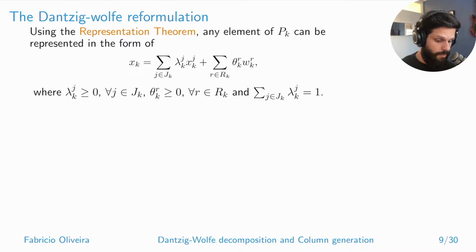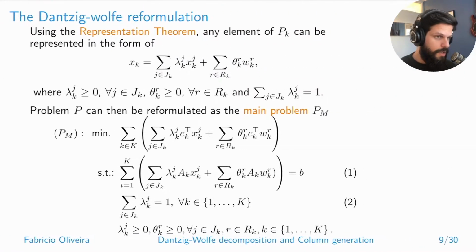And what I end up with is something that we call the main problem in Dantzig-Wolfe decomposition. You'll see here that this is the original summation over K, and this is just replacing.